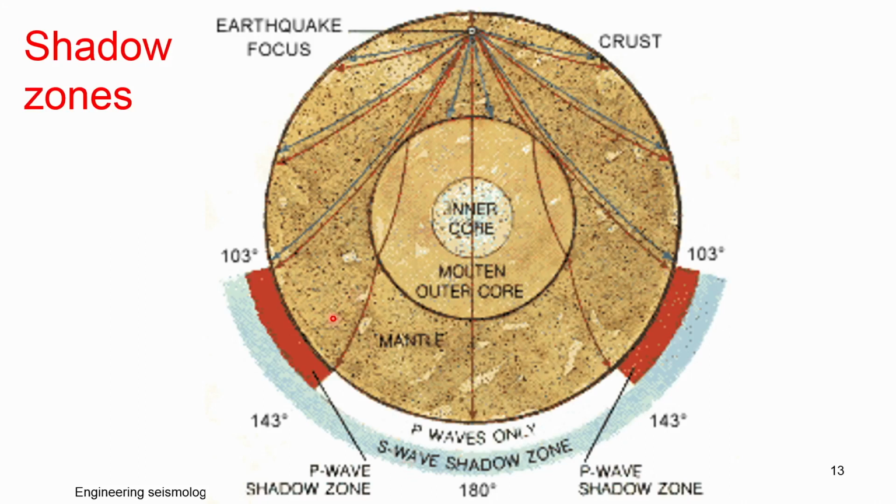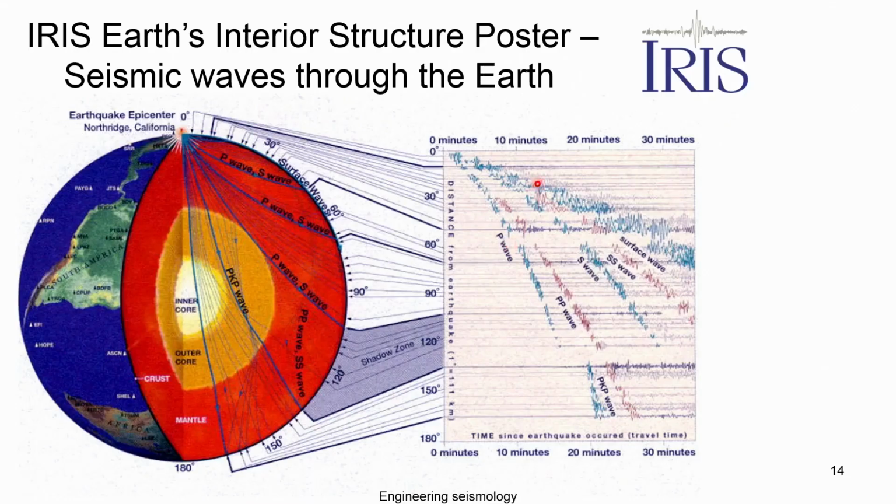So when the waves hit, they are transferred into different types of waves. Like you can see here, this is a typical earthquake recorded continuously, or simulated, at different places. In some places the P wave is recorded, in some places a combination of P wave and S wave, in some places only S wave, in some places only P wave.